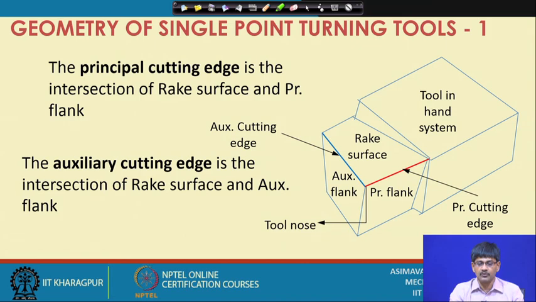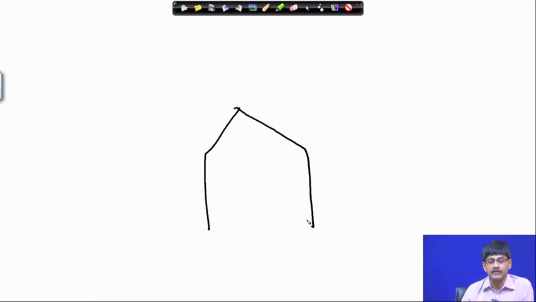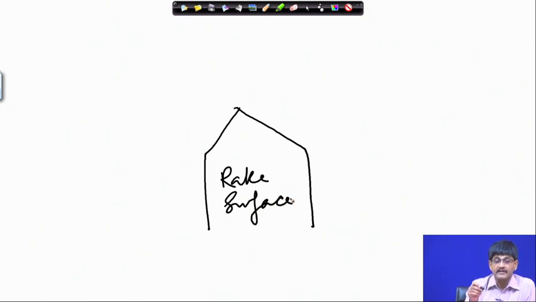So, if we draw the tool with relation to the job, it would look somewhat like this. We are looking at the tool from the top. Therefore, this is the rake surface. Where is our job?